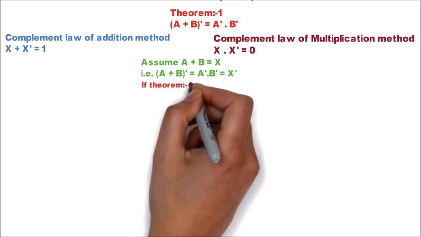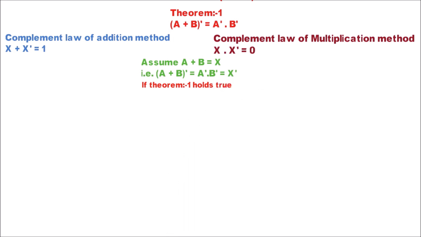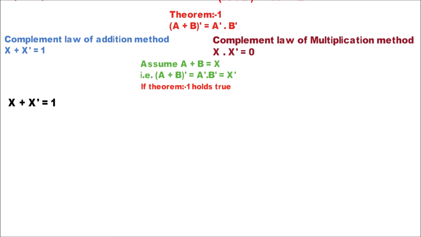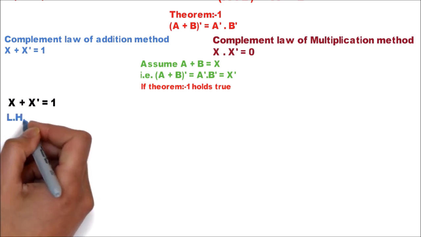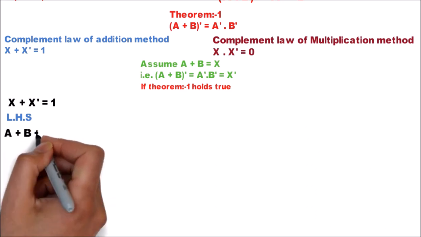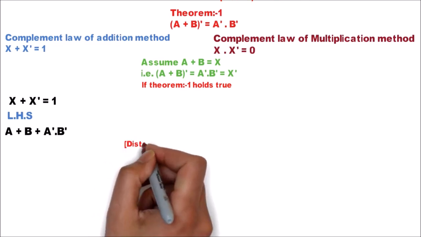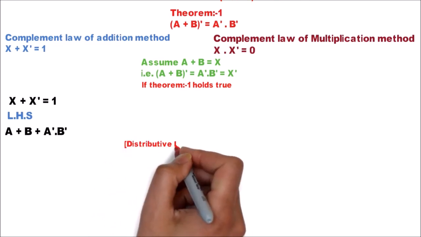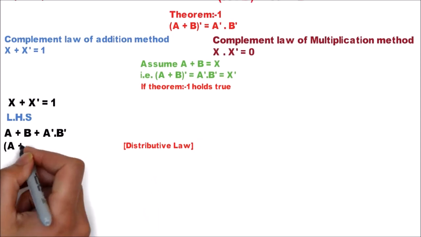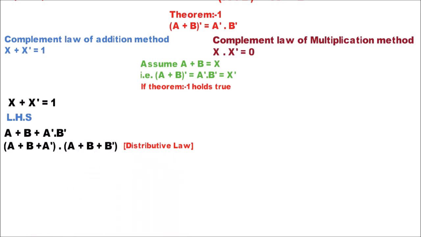Now if this theorem holds true, we can write X plus X bar is equal to 1. Putting the value of X and X bar on the LHS, we can write (A + B) + A bar dot B bar. Now we will apply the distributive law here, and it can be written as (A + B + A bar) dot (A + B + B bar).